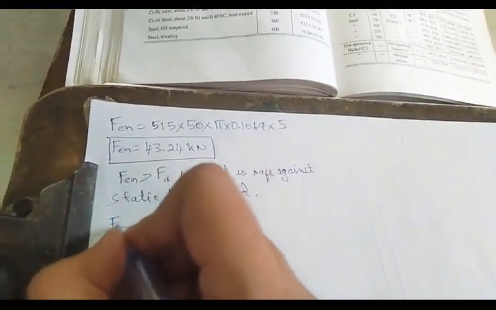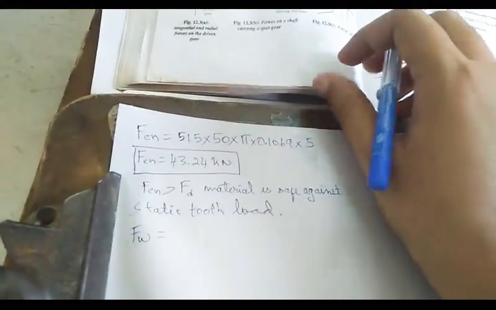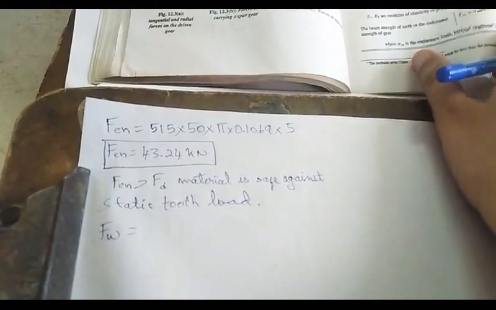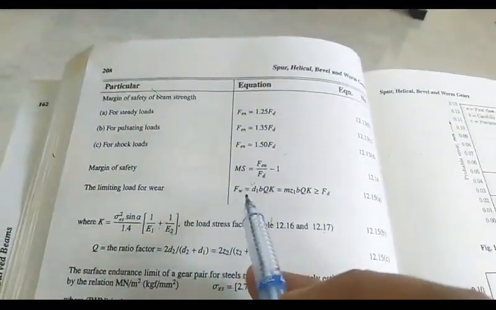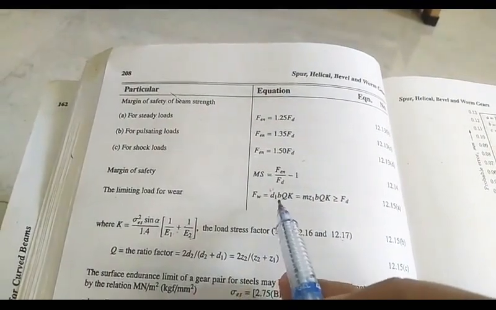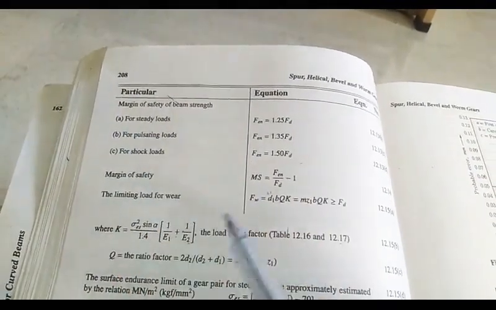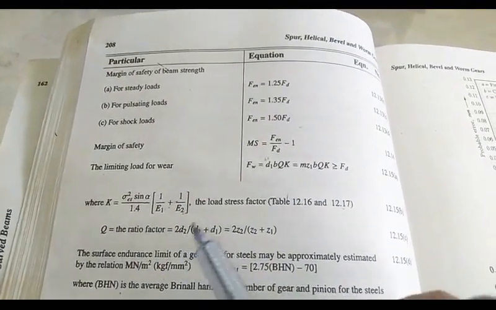Next we'll find the value of wear load Fw. To find the value of wear load Fw, we shall consider the equation Fw is equal to d1 B Q K, equation 12.15, page number 208, and for the value of Q we shall take Q is equal to 2 d2 by d2 plus d1.